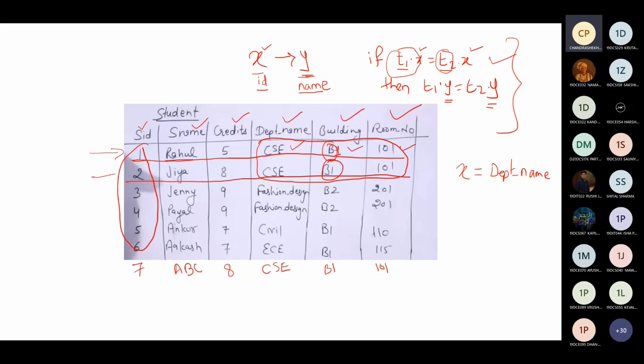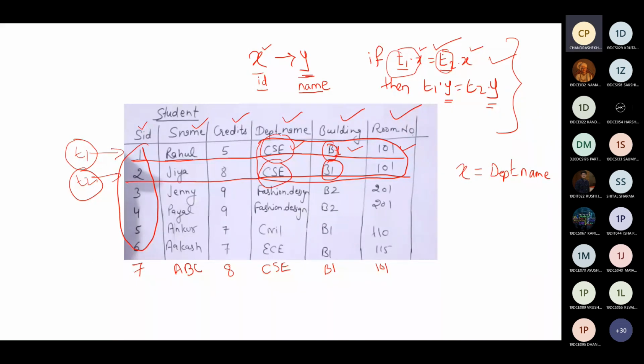If we consider this is t1 and this is t2, within t1 the department name is CSE. In the t2 tuple, the department name is also CSE. That is equal, that is true.